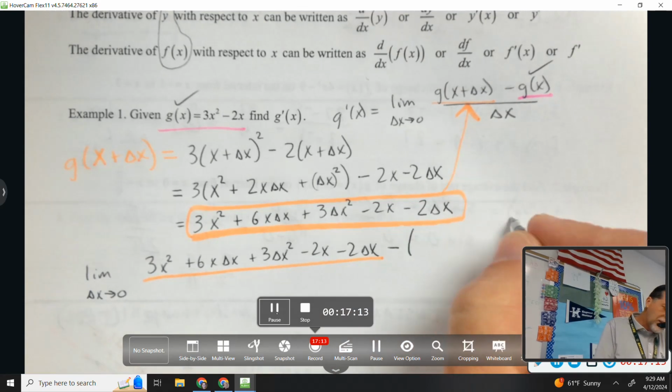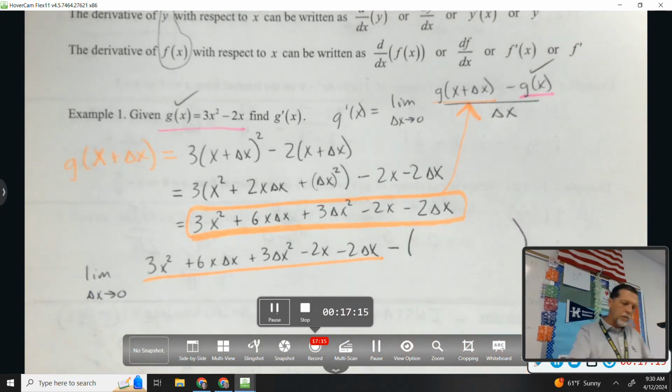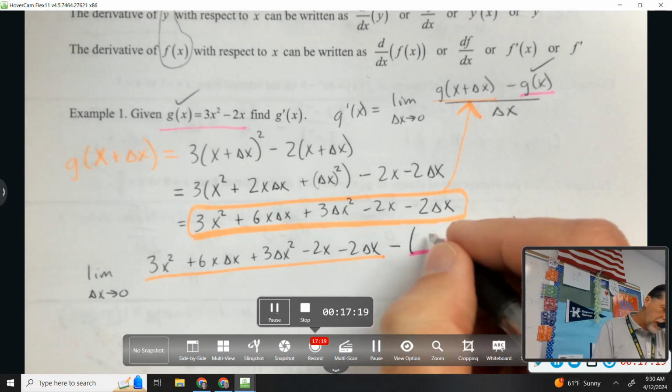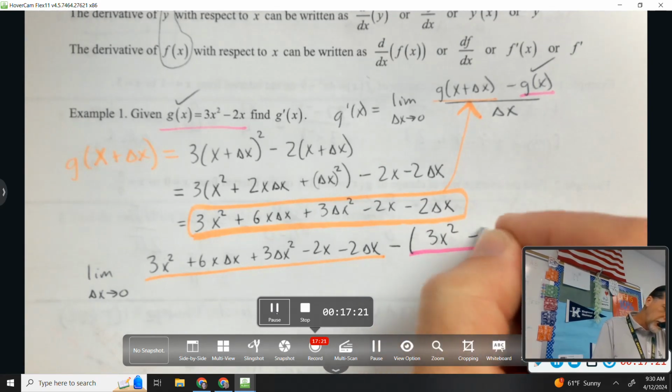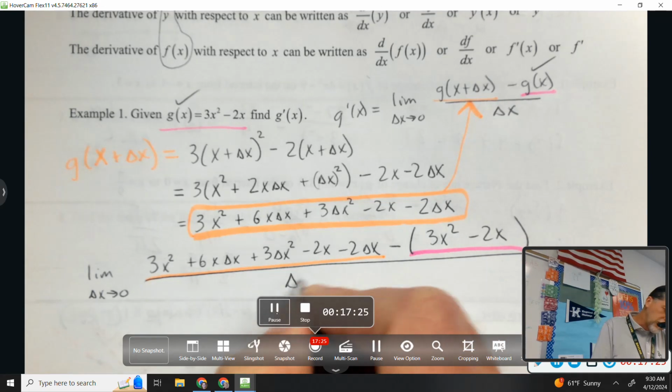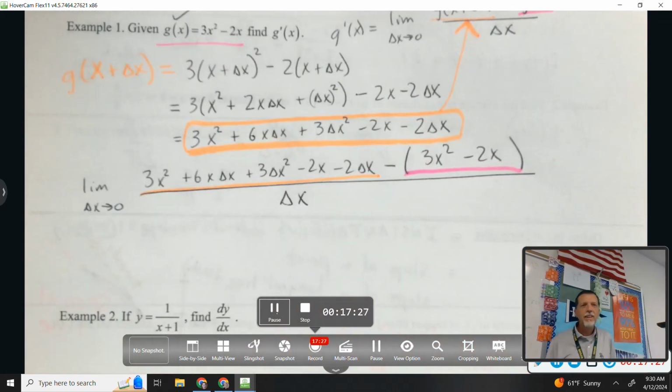Minus, and let's make sure we put it all in parentheses so that we subtract it all, 3x squared minus 2x. And all of that is over delta x. Isn't this fun?